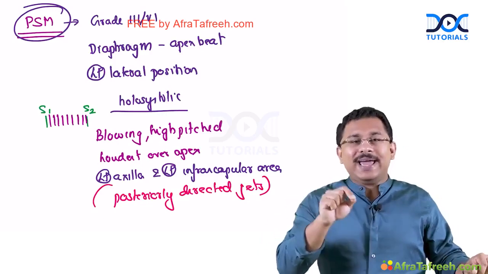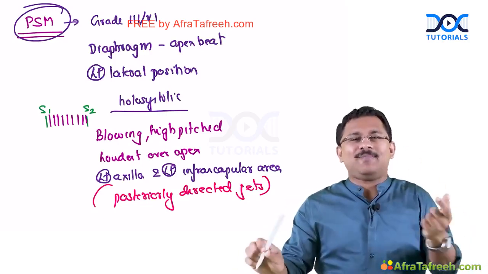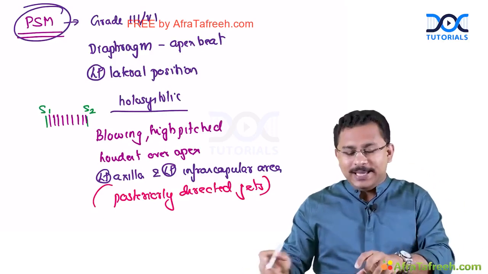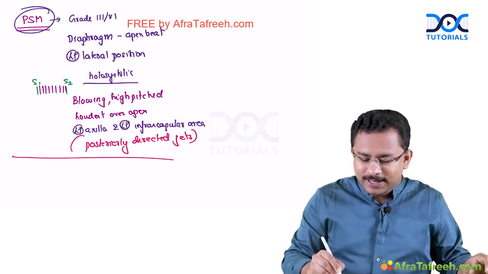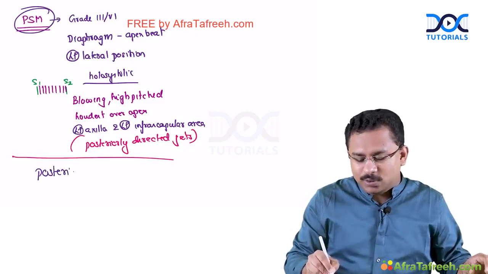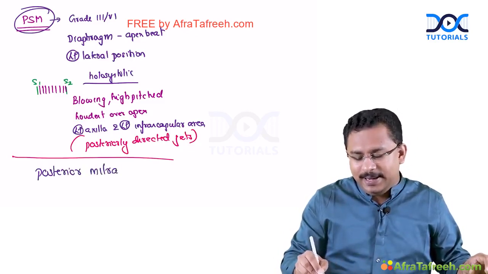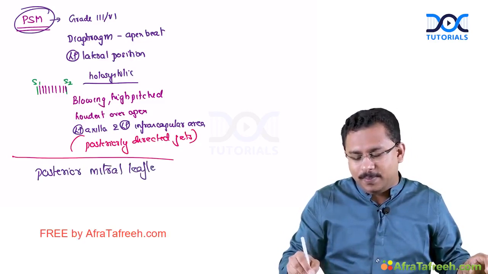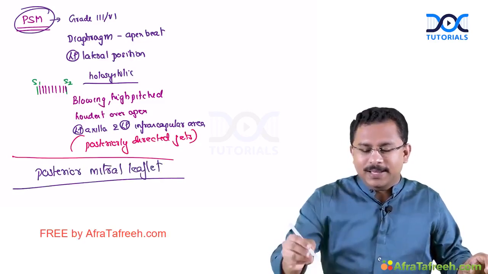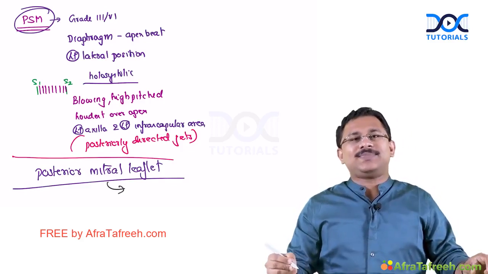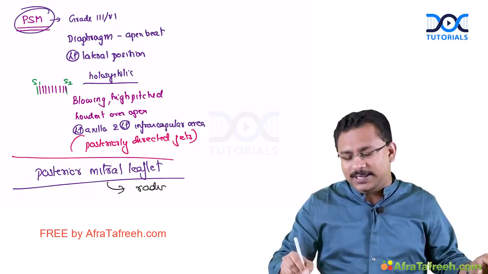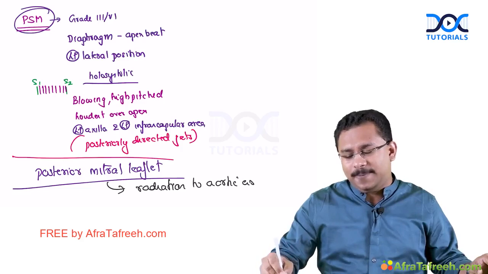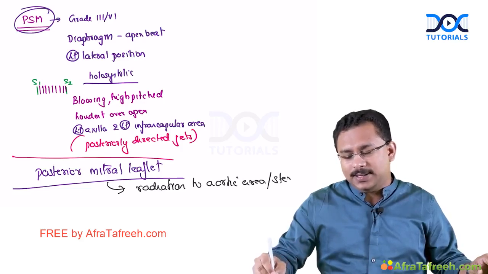However, if the MR occurs because of a posterior mitral leaflet abnormality, in such a case the murmur can radiate to the aortic area or even the sternum.